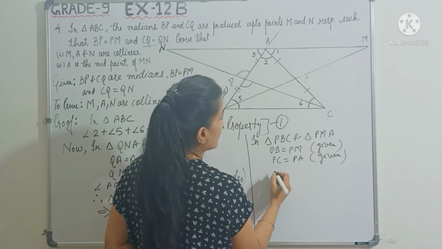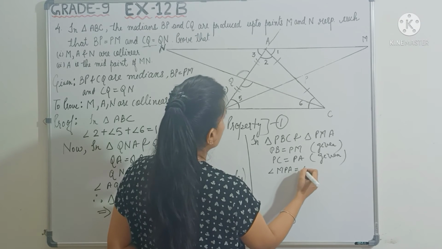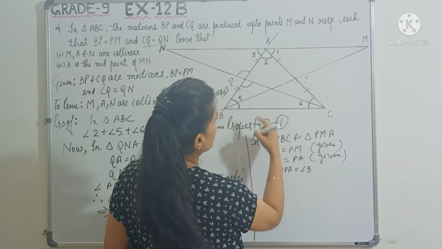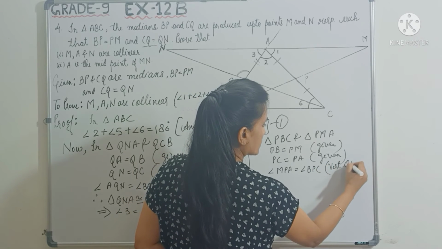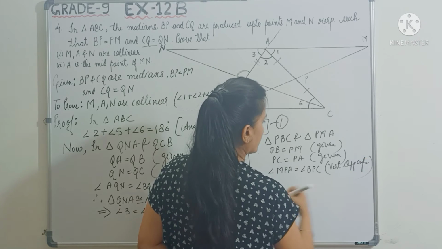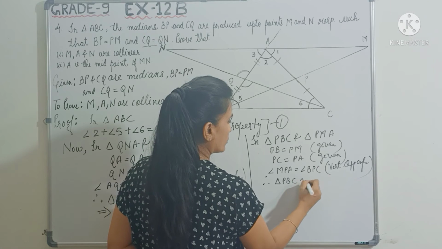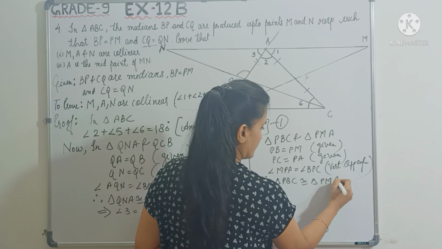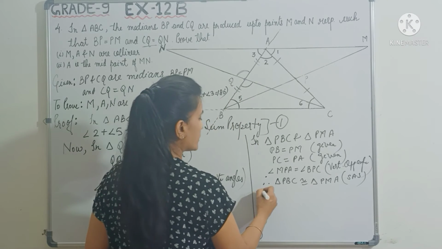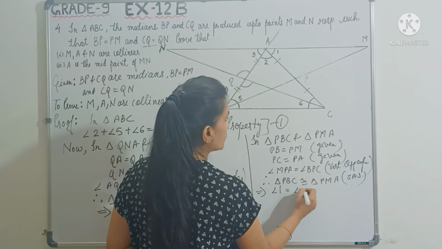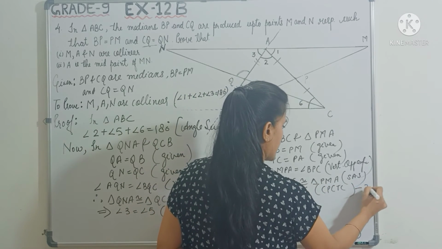Even this is given, and angle MPA is equal to angle BPC. This is vertically opposite angles. Okay, therefore triangle PBC is congruent to triangle PMA by SAS congruency. This implies angle 1 will be equal to angle 6 by CPCTC. Let's take this as 3.